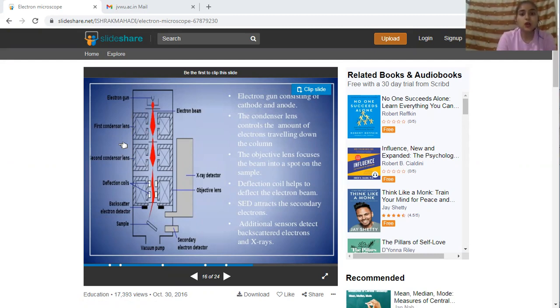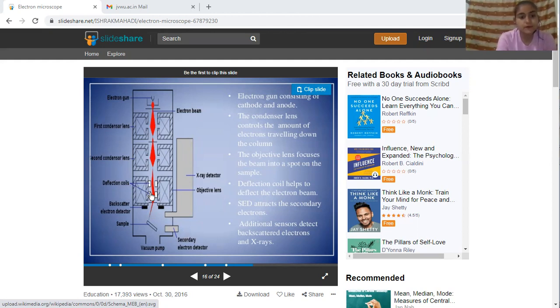Third, the objective lens. The objective lens focuses the beam into a spot on the sample. And the deflection coils, which are of two types, help to deflect the electron beam.